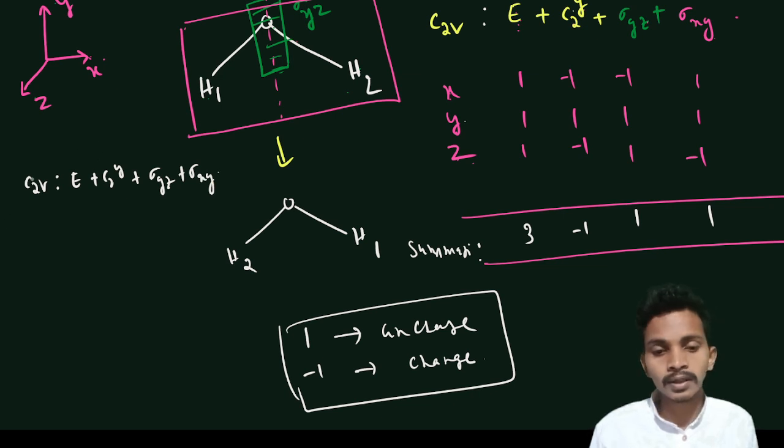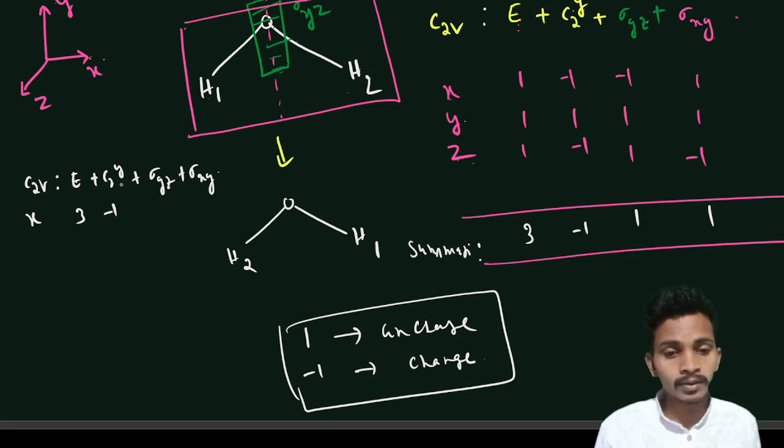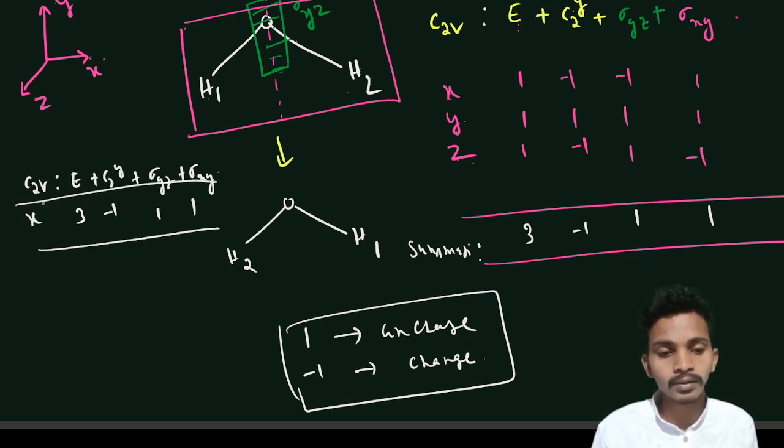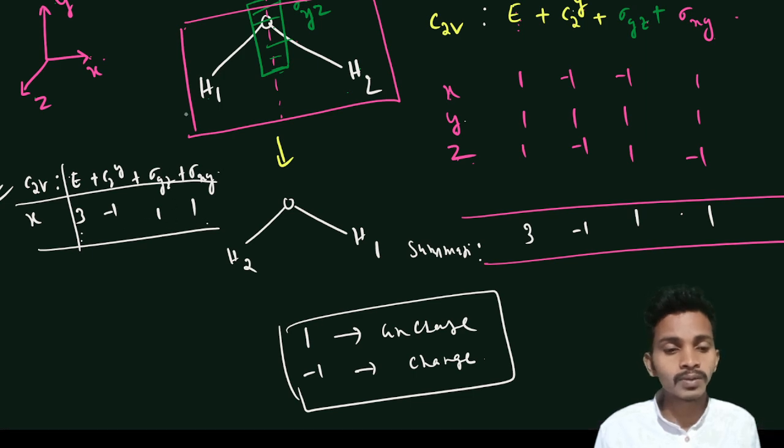So we know that characters of E is 3, that we have discussed in the previous class, and C2y is always -1. Okay, we know that the character of C2y is -1, and sigma is always 1, 1. So we can do this way also, because we know the characters of E is 3, and for C2 is -1, and sigma always is 1. Okay, so that we have discussed, or we can do by this way.